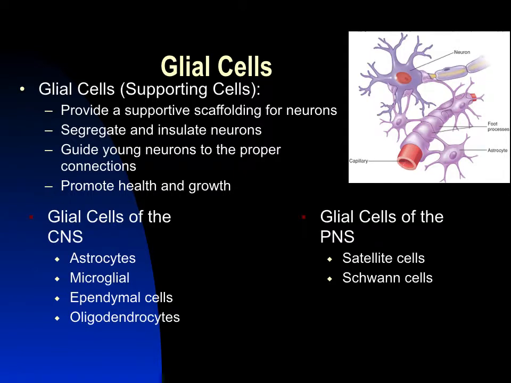In the central nervous system, the primary ones are astrocytes, microglial cells, ependymal cells, and oligodendrocytes. And in the peripheral nervous system, it's satellite cells and Schwann cells. And so they're important, and I'll show you some examples. Really, these cells are crucial for nerve function, and in many ways, the differences in the glial cells are the primary difference between the different types of nerve tissue.